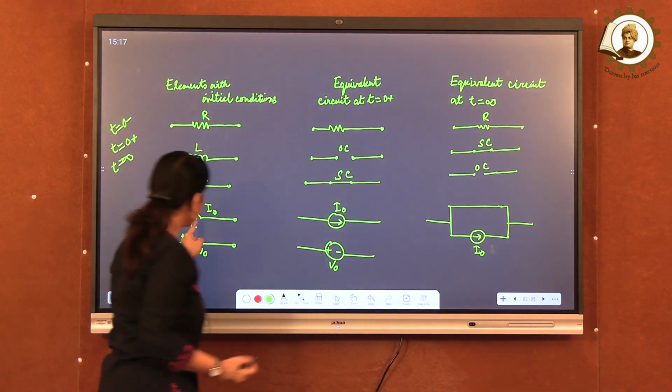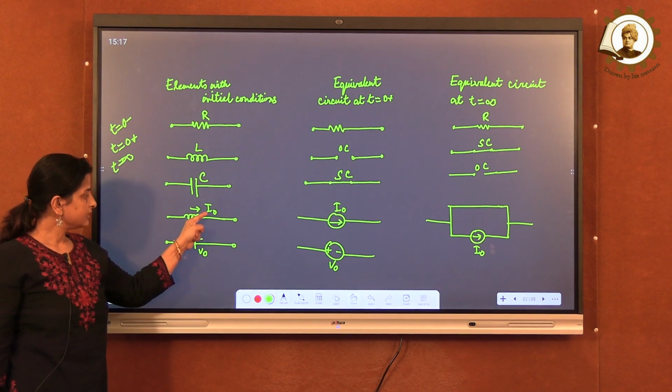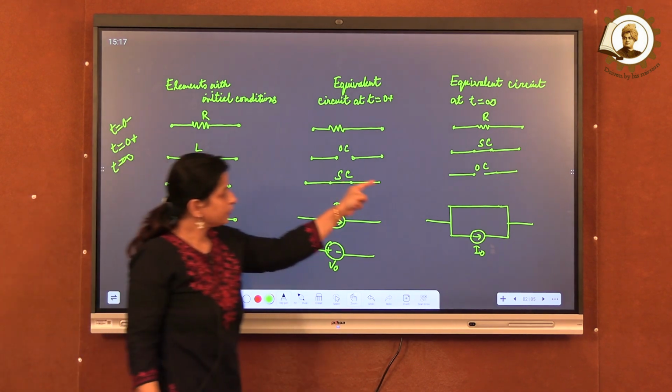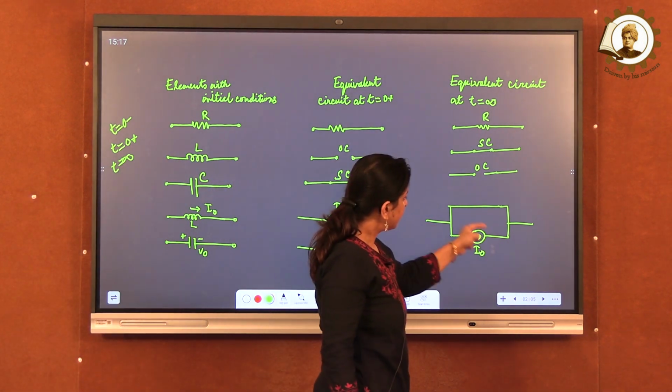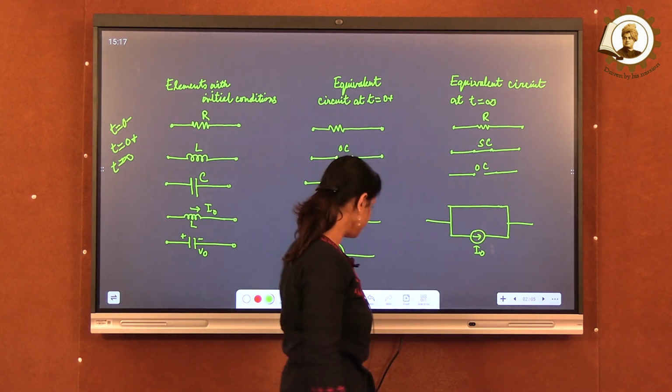So I0 will be there and the line will be short circuited at t equal to infinity.